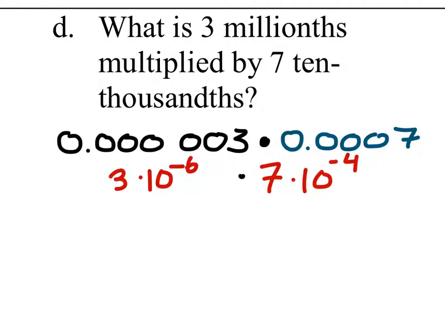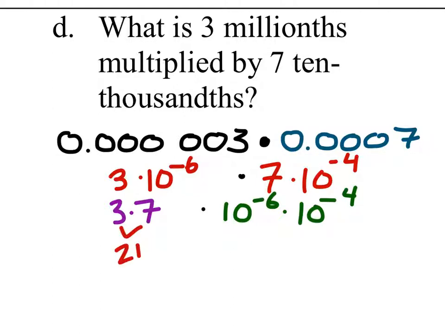So we'll rearrange these. I got 3 times 7 times 10 to the power of negative 6 times 10 to the power of negative 4. Well, 3 times 7 is 21, and this is going to be multiplied by 10 to the power of negative 6 plus negative 4. This gives us 10 to the power of negative 10.